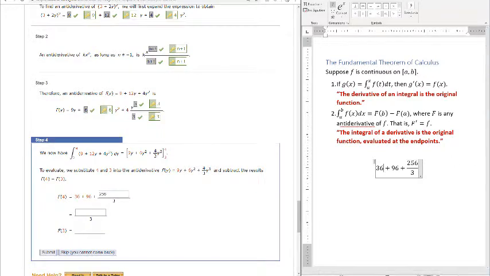We're going to need to multiply 36 times 3. I think that's 108. And we got 96 times 3 is 288.